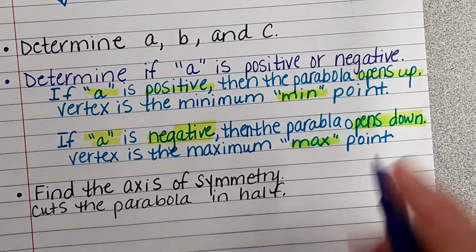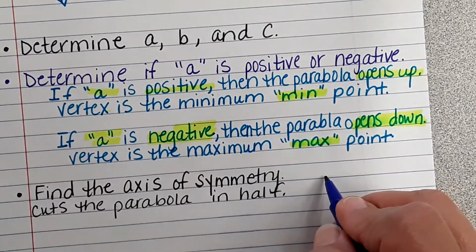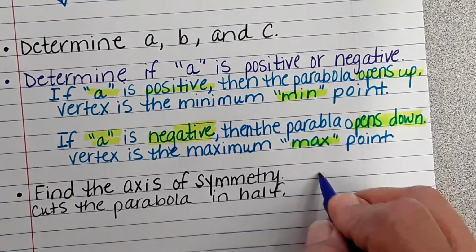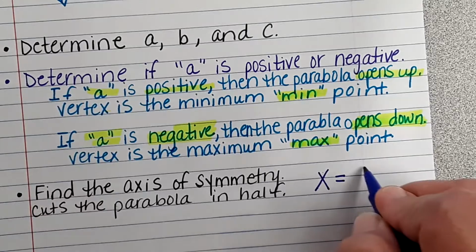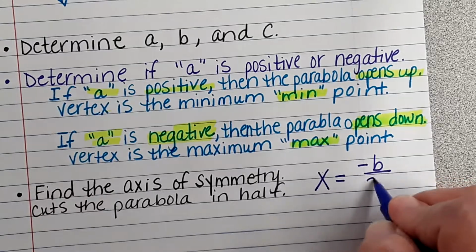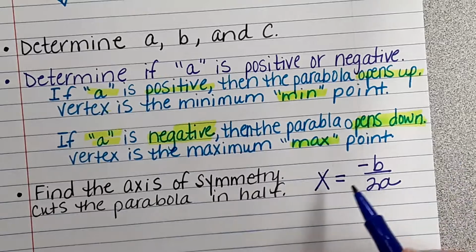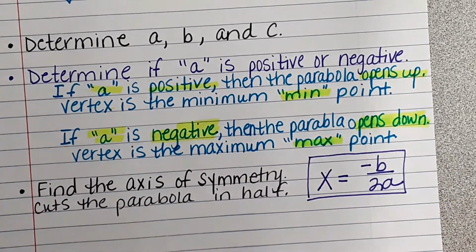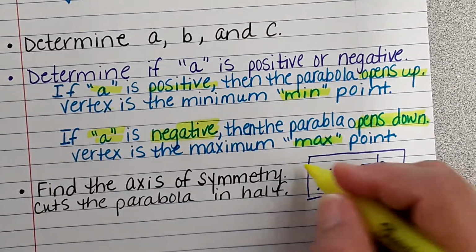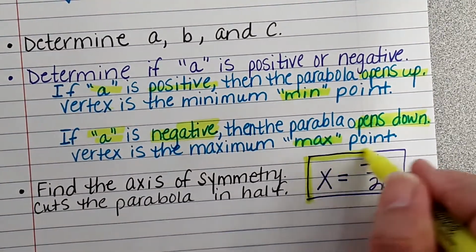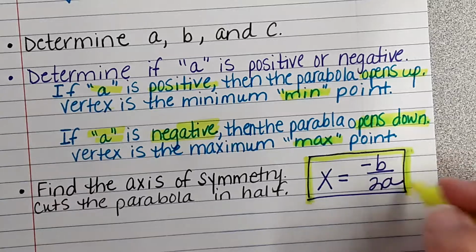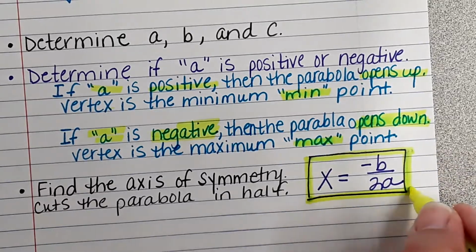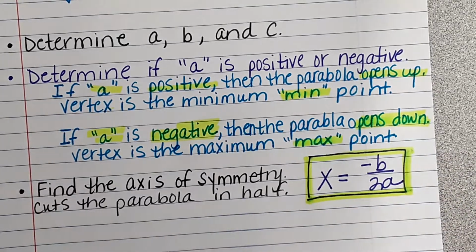And the axis of symmetry is x equals the opposite of b over 2a. Notice it's an equation, x equals, so you will have to put that. You guys, on the EOC, they usually have a question just on the axis of symmetry.